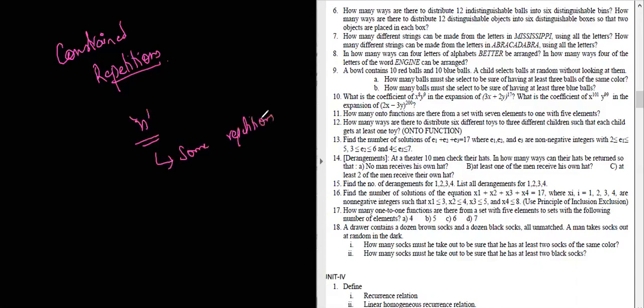So there is some condition on the repetition, and that is referred to as constrained repetition. We usually see the case where we have no repetitions at all or where we have repetitions in some scenario. But what about constrained repetitions? So constrained repetitions is basically these kinds of problems. The seventh problem is basically an example of constrained repetition.